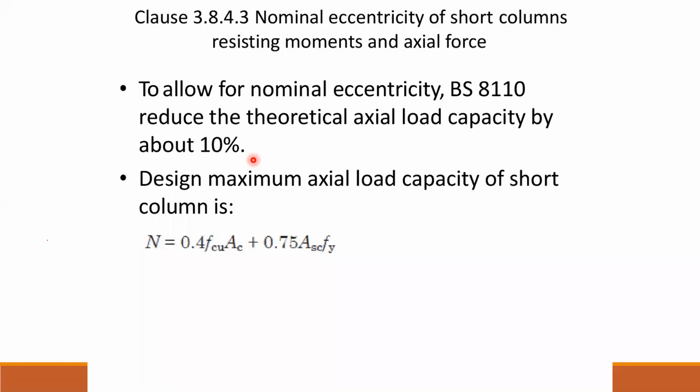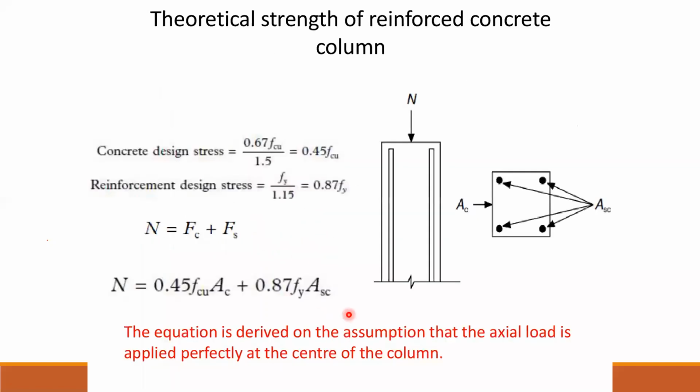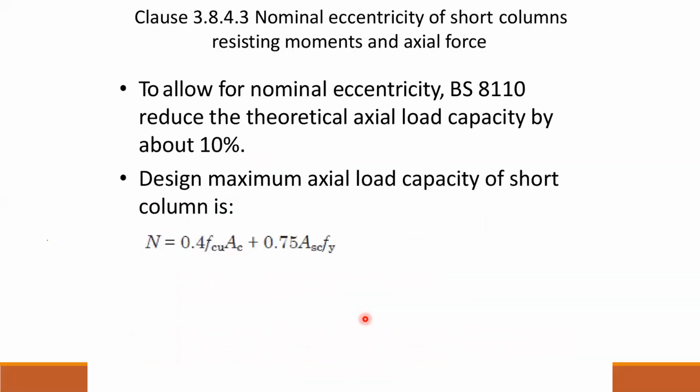So the design maximum load capacity of the short column is this one, because you approximately multiply by 10%. But still the code specifies this equation; you can go for that if there is additional moment, nominal eccentricity. Then you can go with this one.